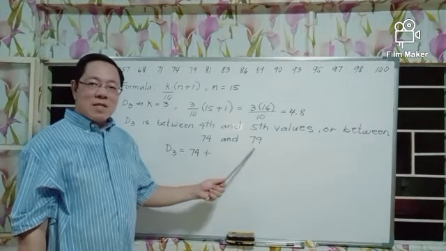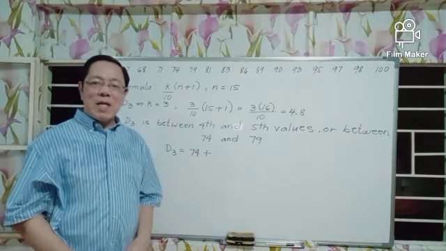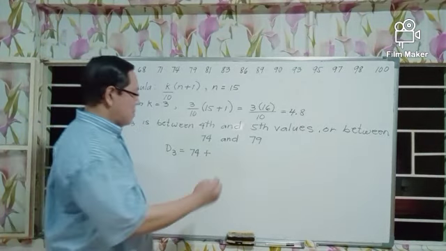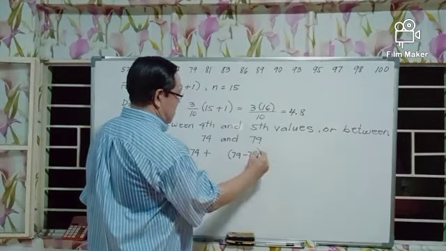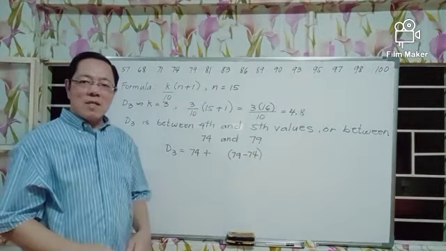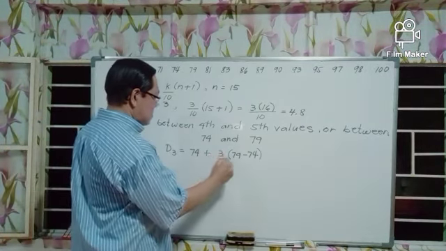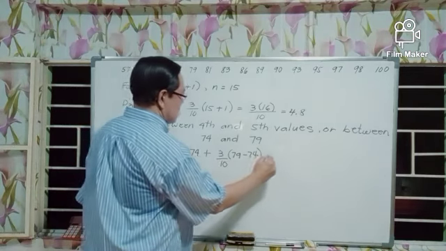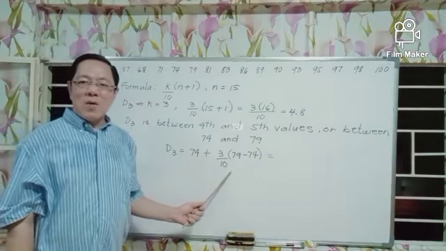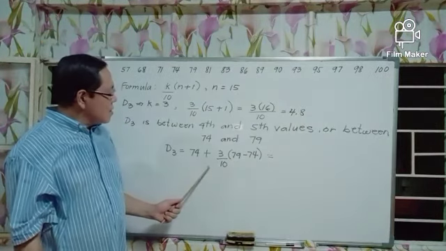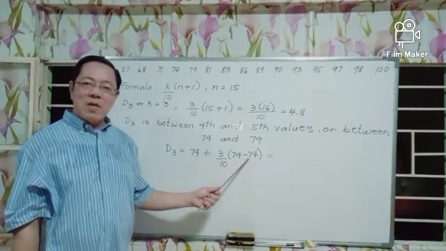So we get the distance between 79 and 74, and that is given by 79 minus 74. And we multiply this distance by 3 over 10. For this calculation, you can simplify this mentally. 79 minus 74 is 5.